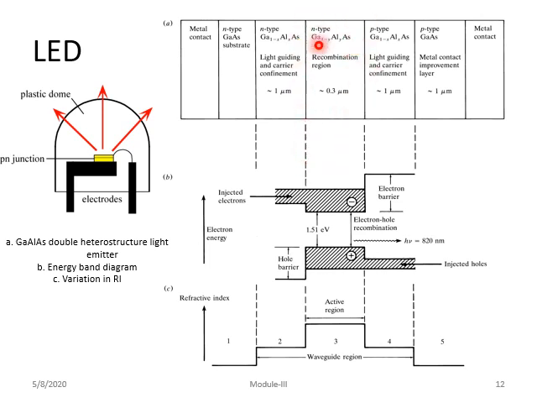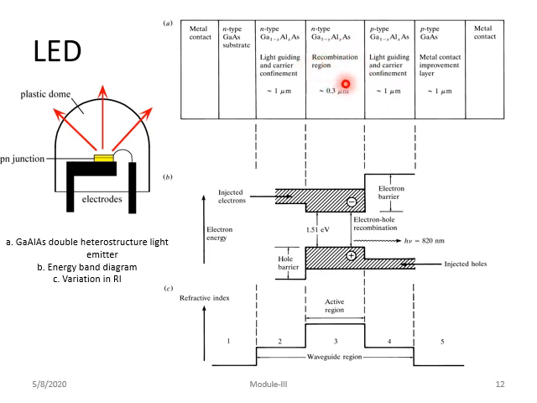The light emitted by the light emitting diode is emitted at the recombination region. Normally there is a metal contact to the substrate, and then the light guiding carrier confinement region where the light is guided, and the carriers combine together and move forward at the recombination rate.